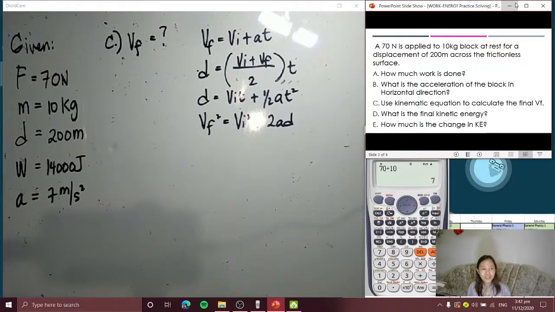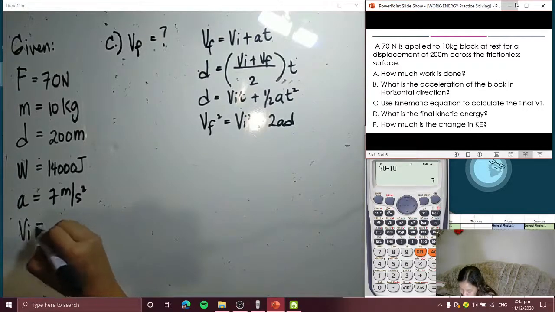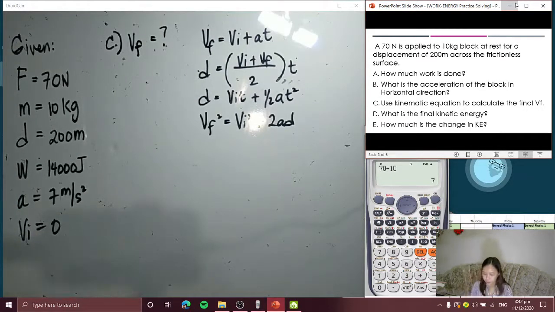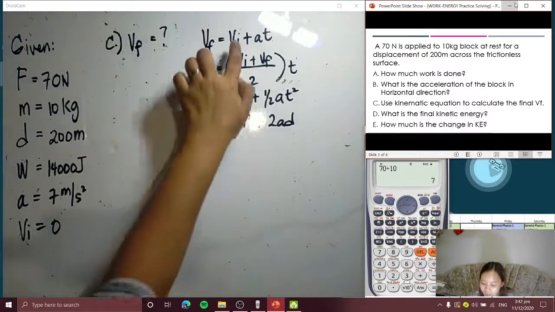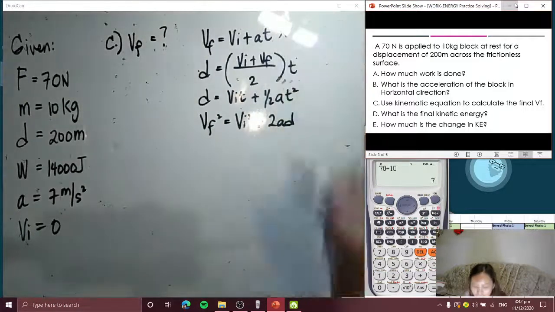Since it is at rest, its initial velocity is equal to 0. So we can find the final. Now we have a value for Vf, but again, time is missing, so we cancel this equation.